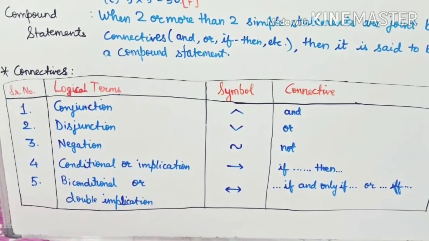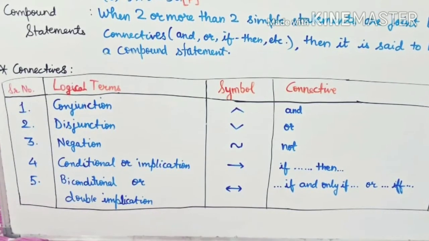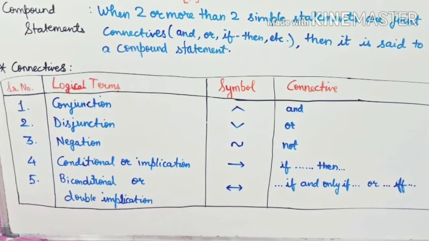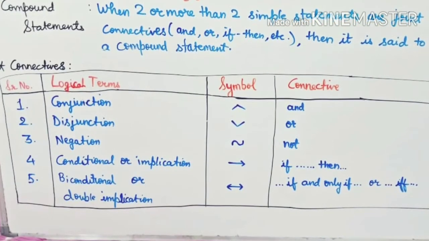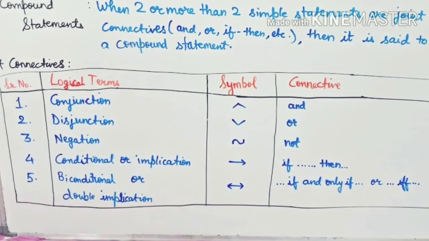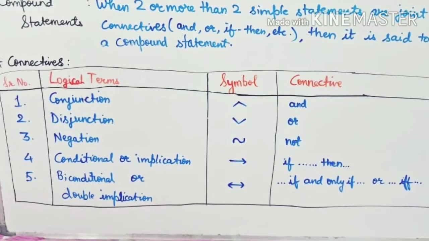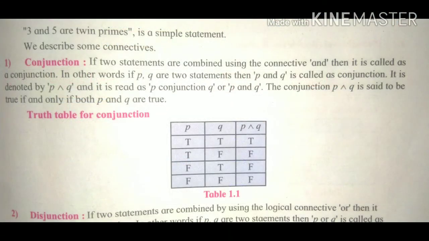Now we learn step by step all logical terms, their representation and the truth values for the given connectives. First one is conjunction. If two statements are combined using the connective and, then it is called conjunction.